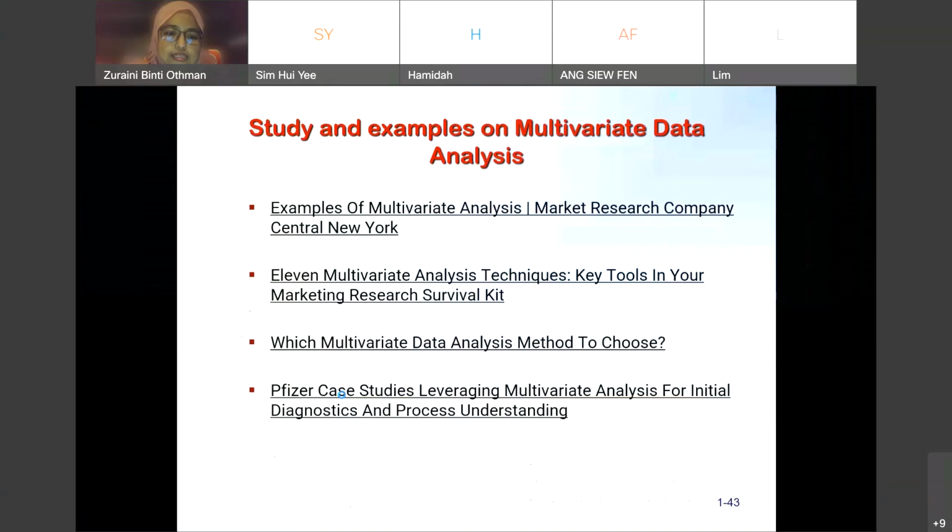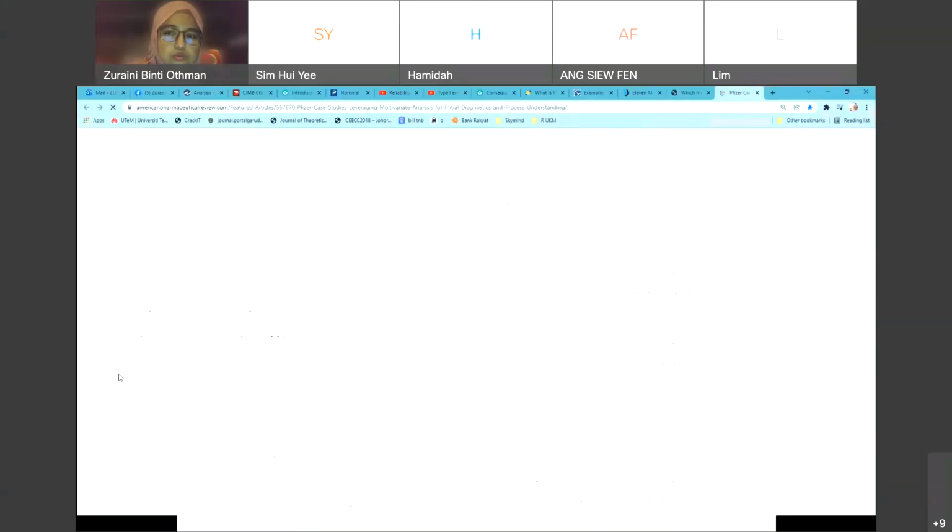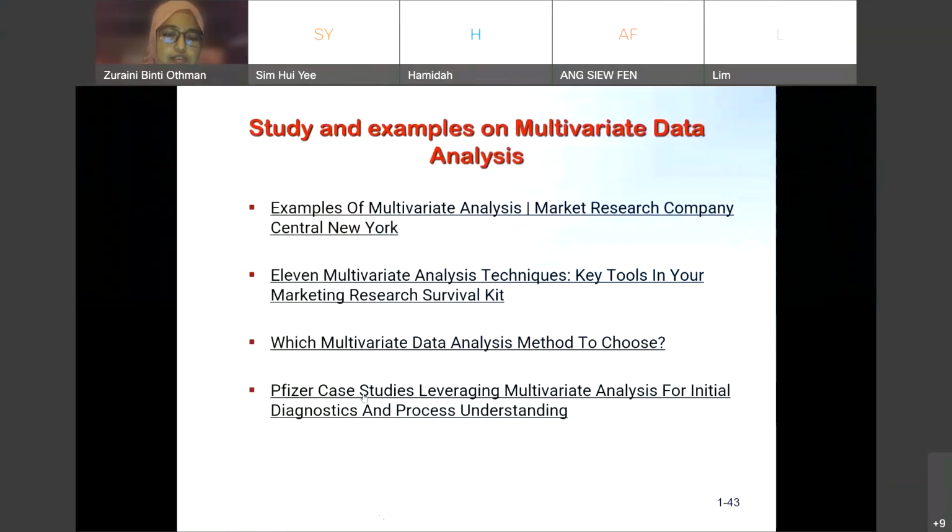Then the latest one is from last year, 2020. They are using this study, which is the Pfizer case study leveraging multivariate analysis. They are using multivariate analysis for this Pfizer case study.